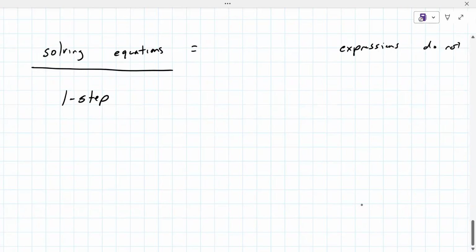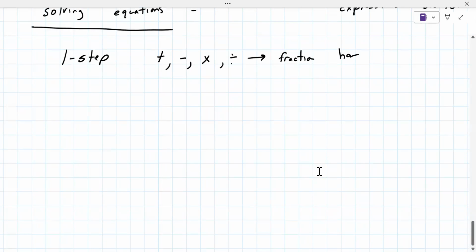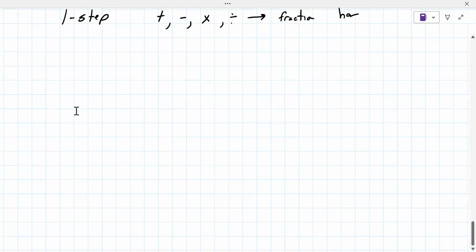The most basic type of equation we can solve is what's called a one-step equation. A one-step equation means you're solving it with addition, subtraction, multiplication, or division. The division is usually shown as a fraction bar. All right. So just to see if you understand this, because this is something you probably have already seen, I'm just going to throw out 4 problems and see if you know how to solve them. Let's go. X divided by 3 equals -2.